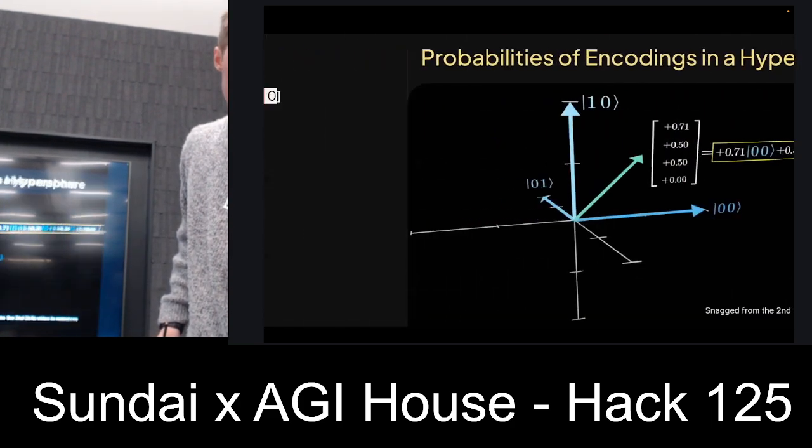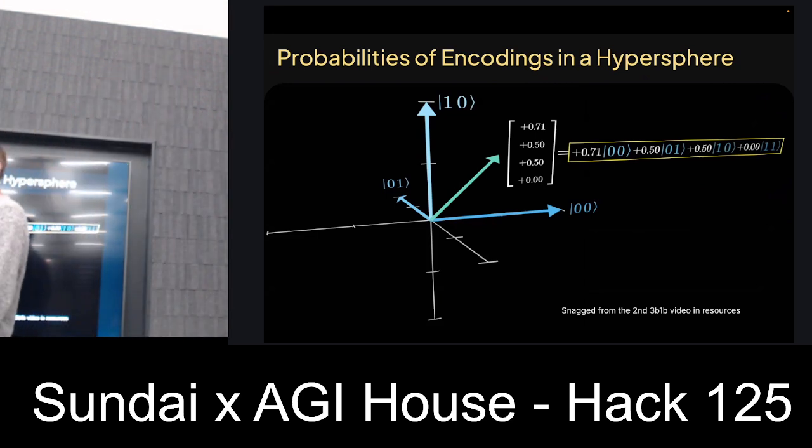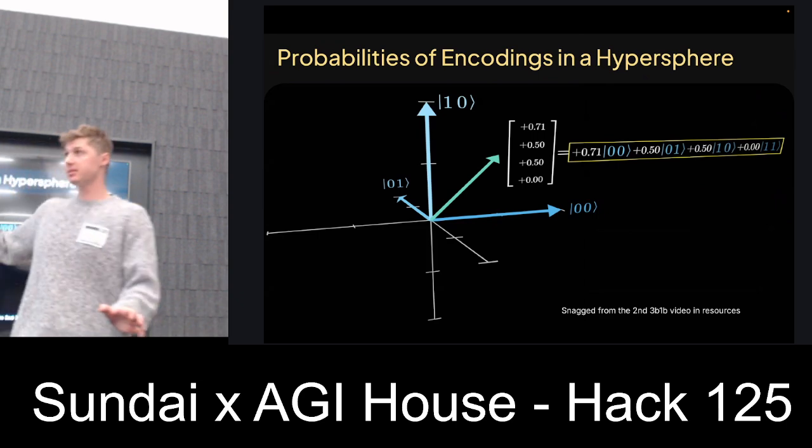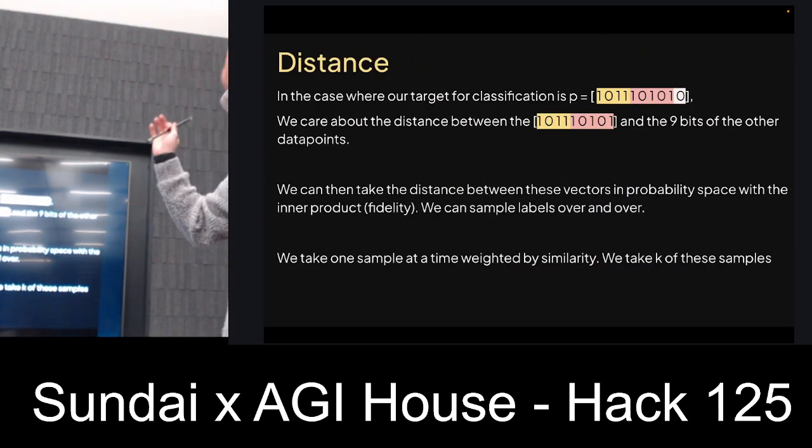So going here, this is our target sphere. We also have a lot of data spheres, data vectors, in our sphere. So we have a bunch of vectors. We take the closest k vectors to our new target vector.